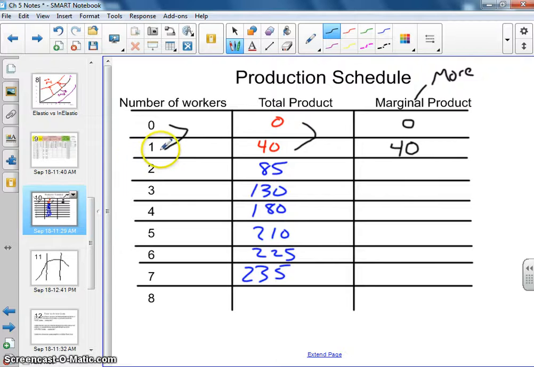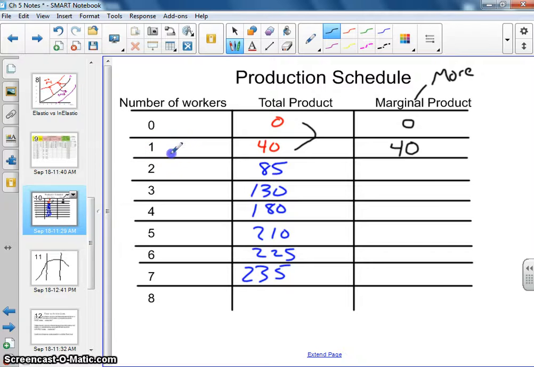So then we say, okay, what if we go to 2 workers? We go from one person making 40 ice cream cones. What if we add a second worker? What kind of bang for our buck are we going to get by adding that second worker? Maybe you have one worker who's going to deal with the drive-through and the till, and the second person's just going to crank out ice cream cones. And maybe when it's slow, they can kind of get each other caught up.